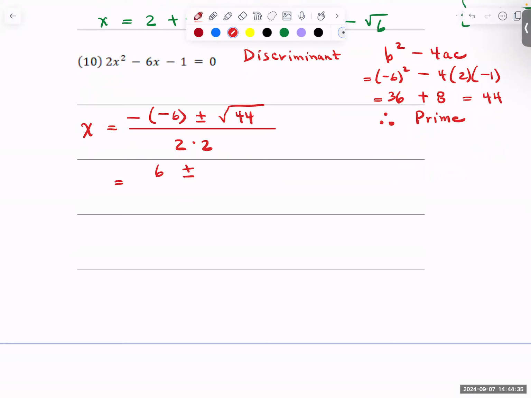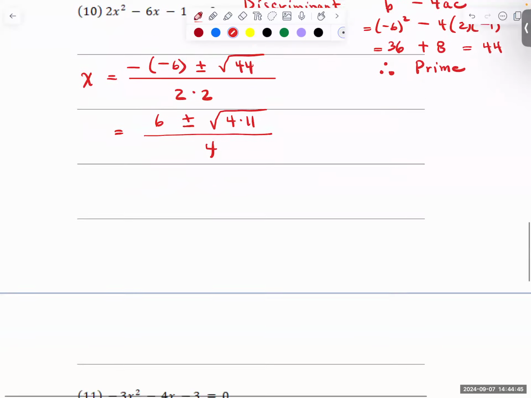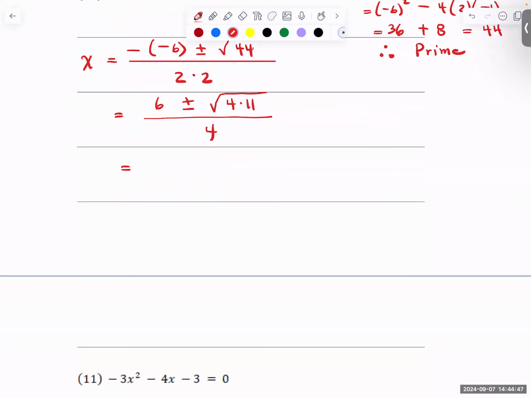We want to simplify using 4 times 11 because 4 is a perfect square that we can square root, divided by 4. So we have 6 plus or minus square root of 4 is 2, the whole number 2, and 11 stays inside, square root of 11 divided by 4.